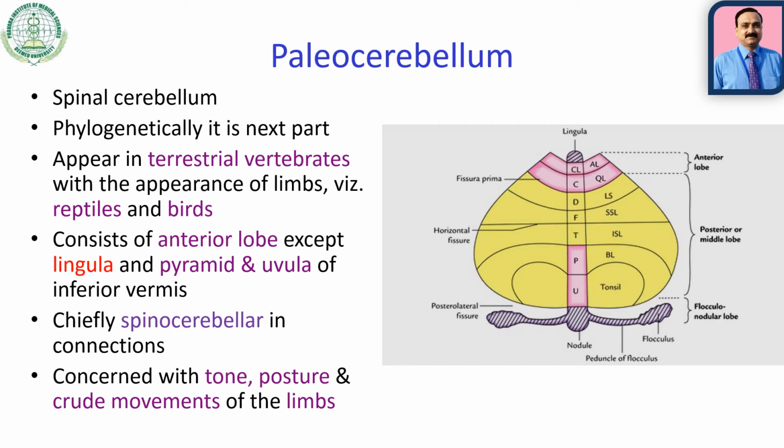So the vestibulocerebellum, that is the archicerebellum, is concerned with equilibrium, balance, tone, posture of the trunk, and the paleocerebellum, that is the spinocerebellum, is concerned with tone, posture and crude movements of the limbs. Now we'll come to the neocerebellum.